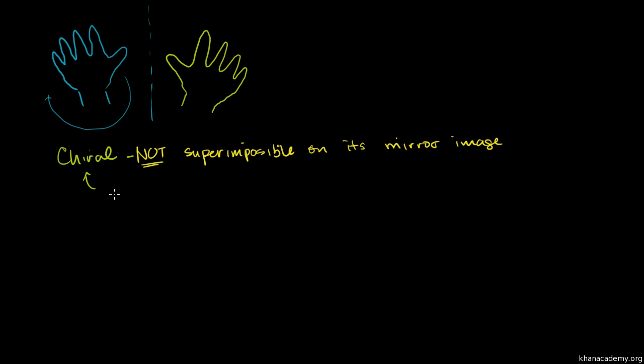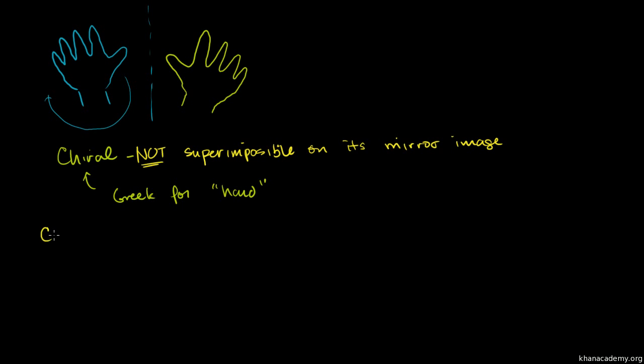Greek for hand. And this definition of not being superimposable on its mirror image applies whether you're dealing with chemistry or mathematics or I guess just hands in general. So if we extend this definition to chemistry, because that's what we're talking about, there are two concepts here.